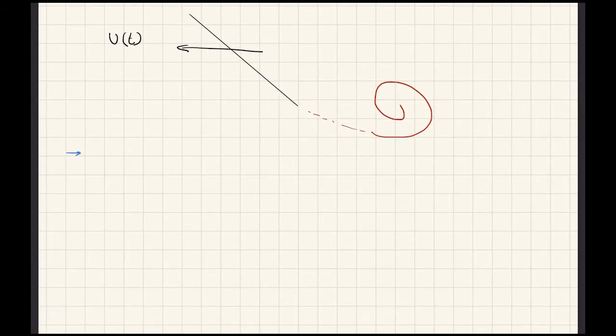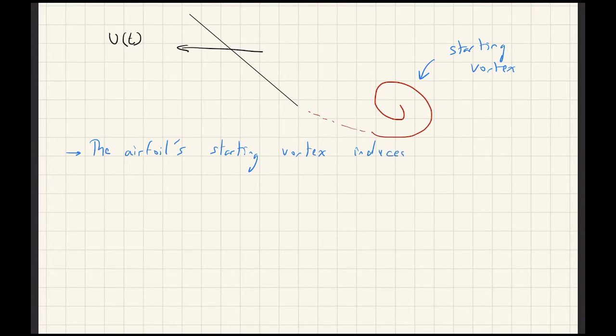So the airfoil starting vortex, which is this vortex here, induces a downwash on the wing.